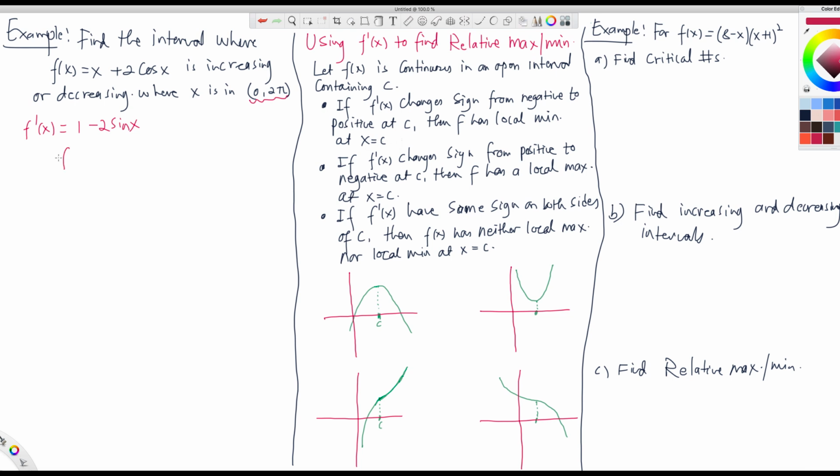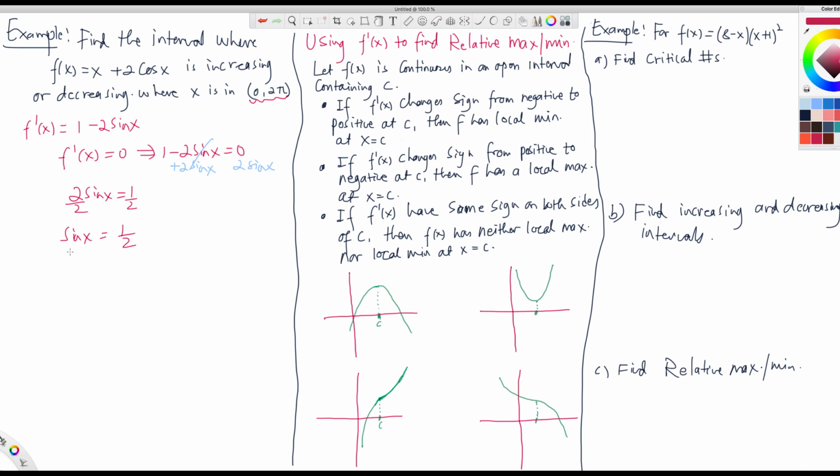So set f prime of x equals 0, which implies 1 minus 2 sine x equals 0. So how do I solve this for x? You add 2 sine x on both sides, and you get 2 sine x equals 1. Divide by 2, you get sine x equals 1/2.